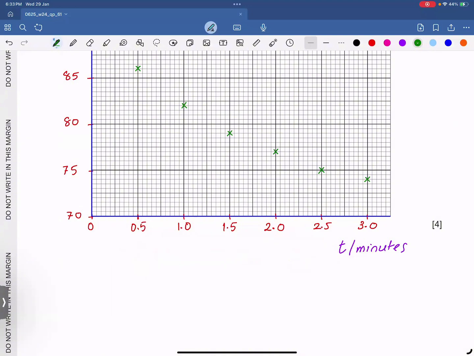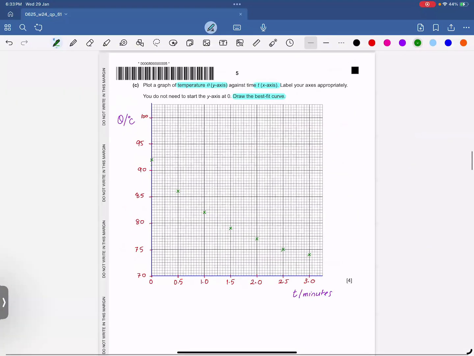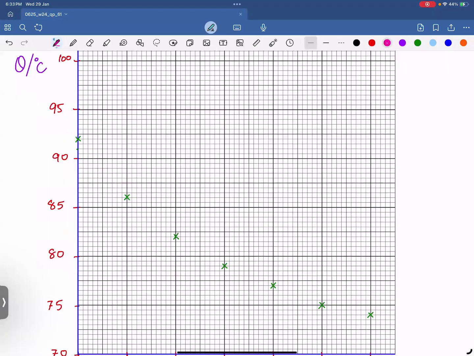What you have to do, you have to draw a best fit smooth curve. So as you can see, it's a trend with the decreasing gradient. So you take a pen and do it as smooth as you can. I'm trying to do this way. A little bit of change will be required.